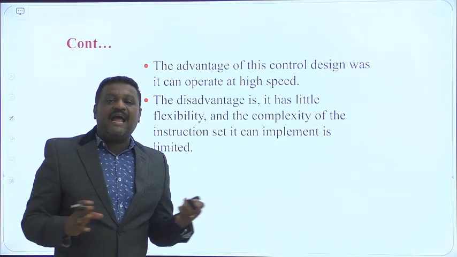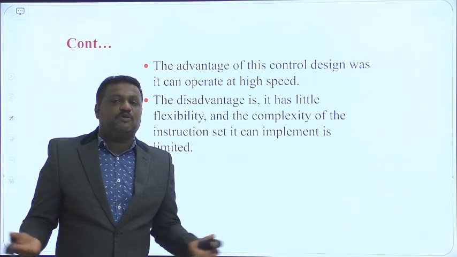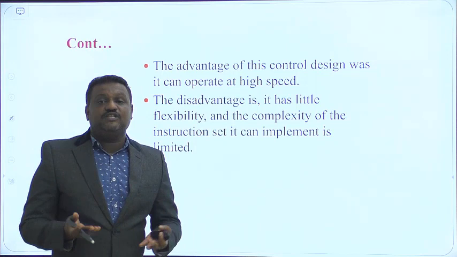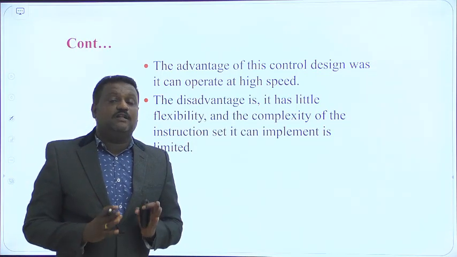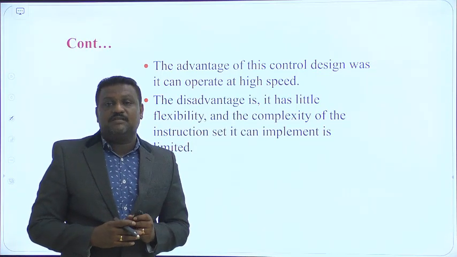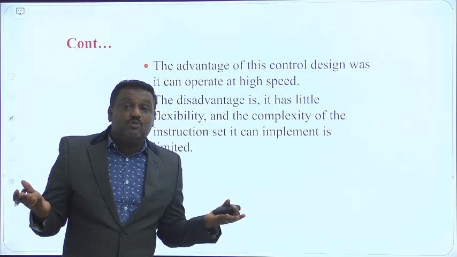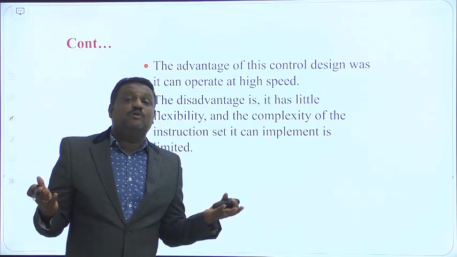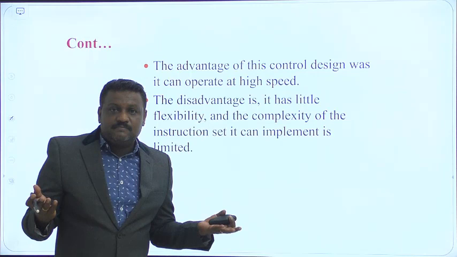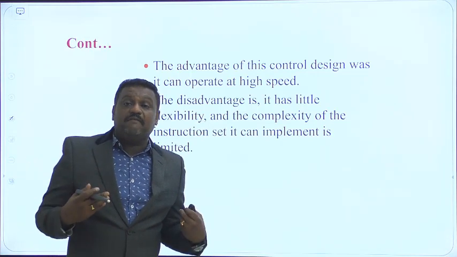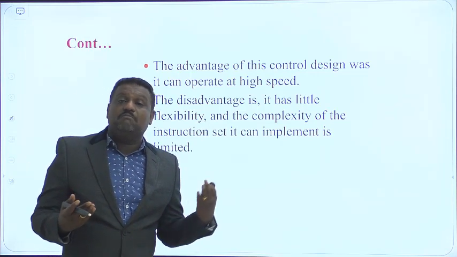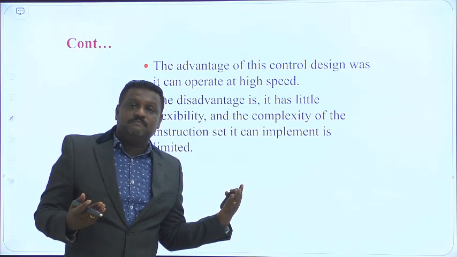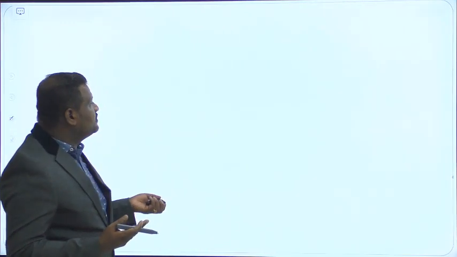That means if I add more and more instructions, it is not possible for me, so the flexibility of the control unit is limited. I was unable to add new instructions to do more operations using a CPU whose control unit is a hardwired control unit. Right? That's the meaning of this.